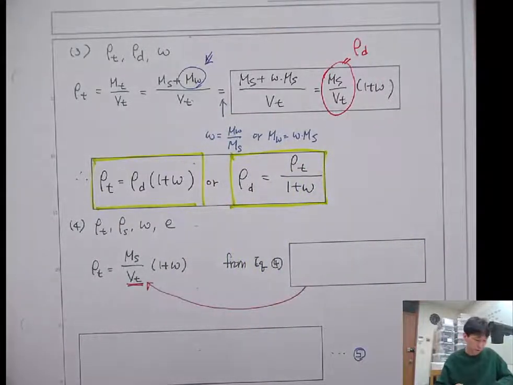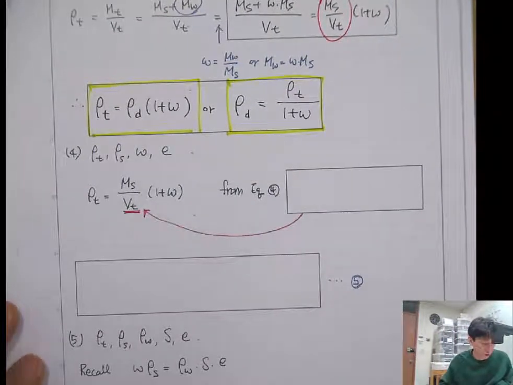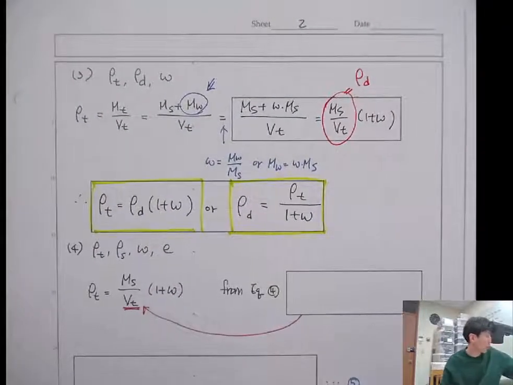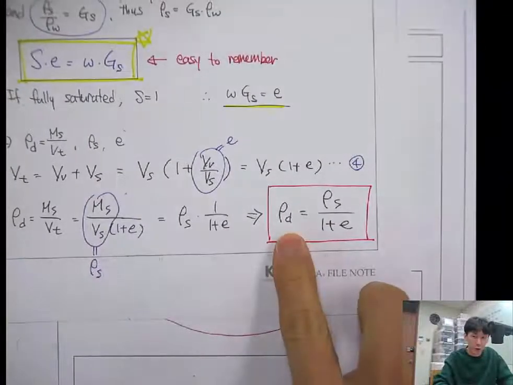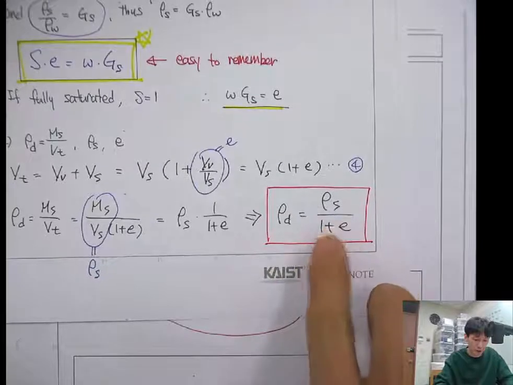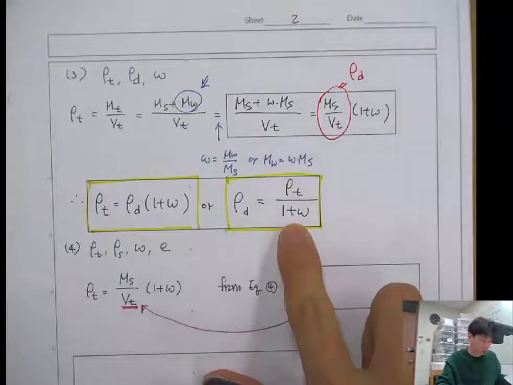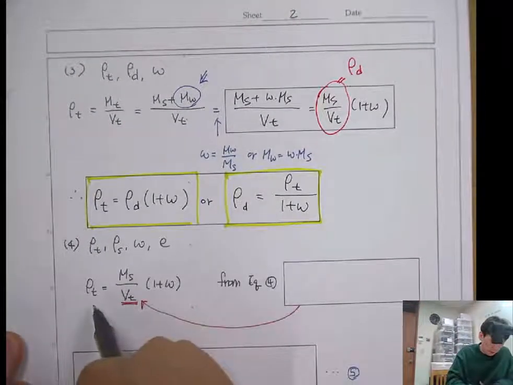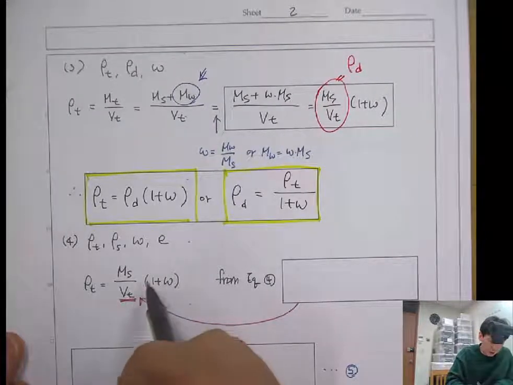Okay, let's move on to the next one. The fourth one is among rho t, rho s, w, and e. So this is simply combining this relation, rho d is rho s over 1 plus e, and this relation. Then the total density is Ms over Mt and 1 plus w.